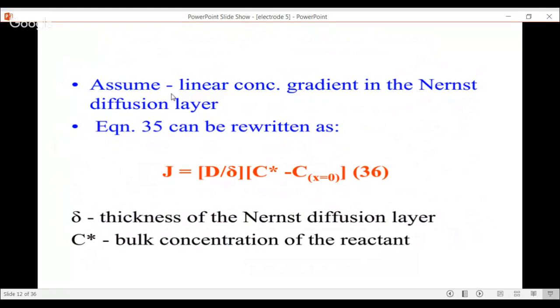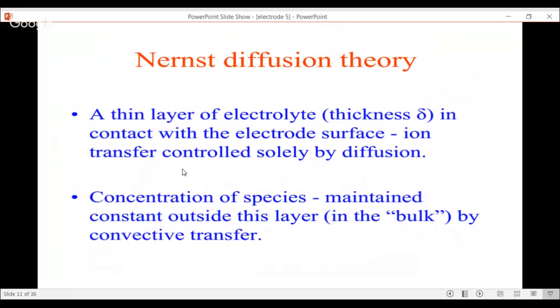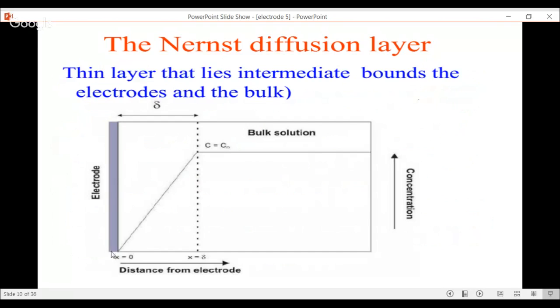As we have seen, the concentration gradient in the Nernst diffusion layer varies linearly. So we assume that J will be equal to D by delta, where delta is the thickness, into the concentration at the bulk minus the concentration at x equal to 0. So the concentration gradient is this.